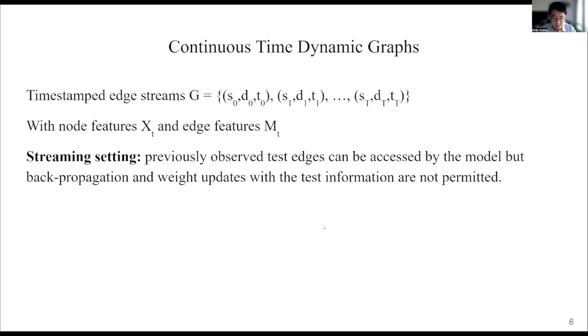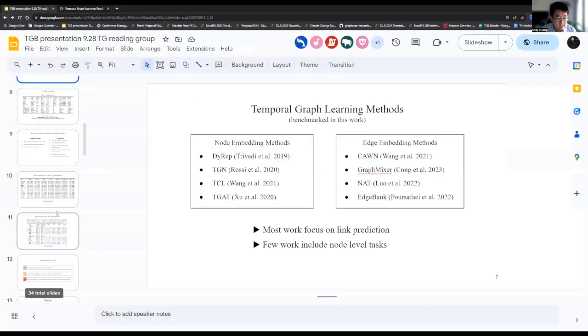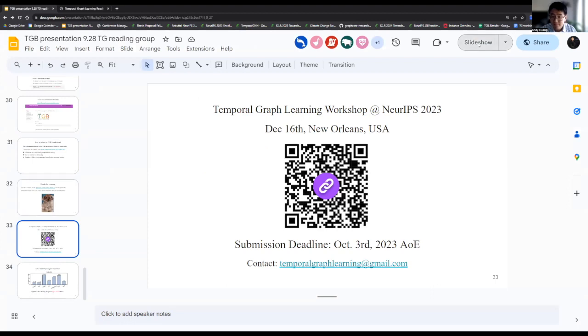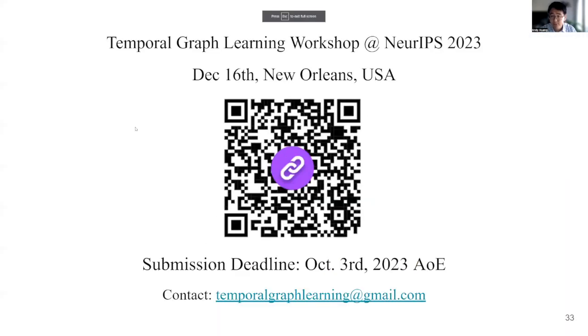All right, so I will go to the one last slide. It's more like an announcement. If you are interested in temporal graph learning, we have the temporal graph learning workshop at NeurIPS 2023. And actually, we are currently open for submission.